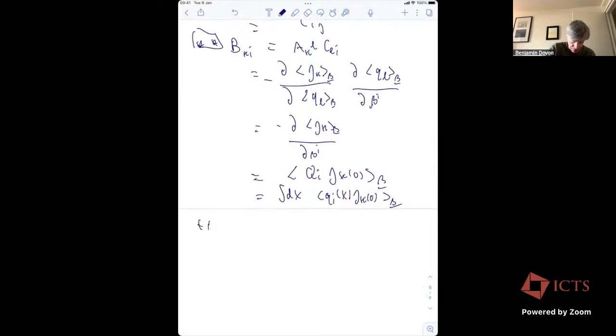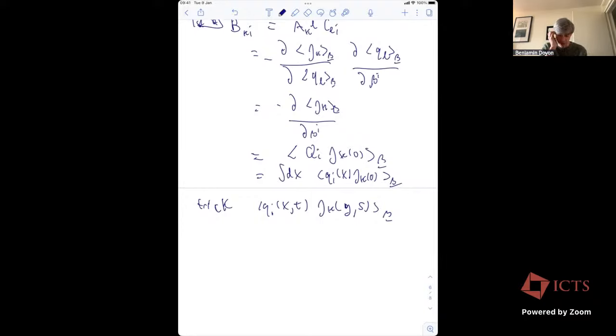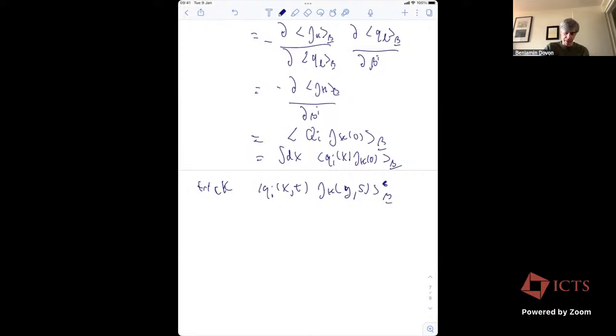Okay, so the trick is the following: you look at this q_i(x, t), and j_k, say, of y and s. I want the case t equals s equals 0, y equals 0, but let's look at that in general. It's connected, right? Then I do the following. Let me take a y derivative of that.